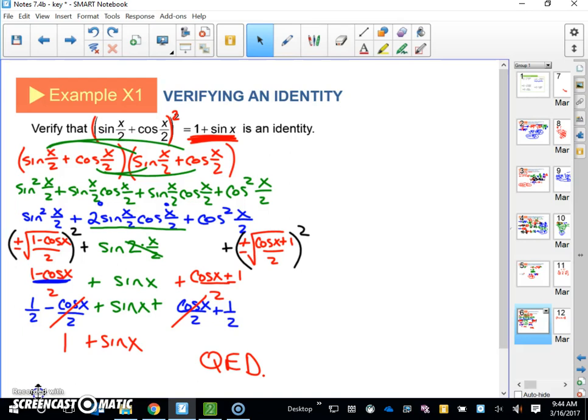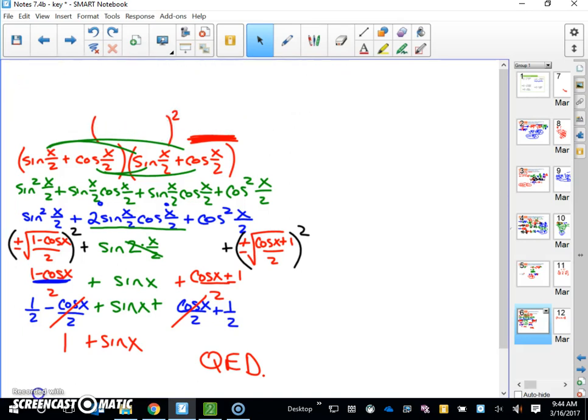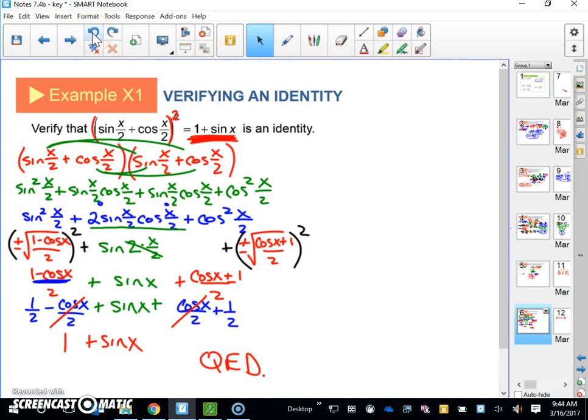So now, I'm going to show you a different way. I'm going to show you maybe an easier way, I suppose. We don't have to use those half-angle identities. So let's go back to where we were right about here.